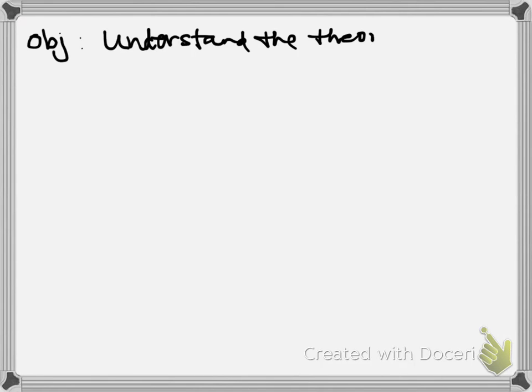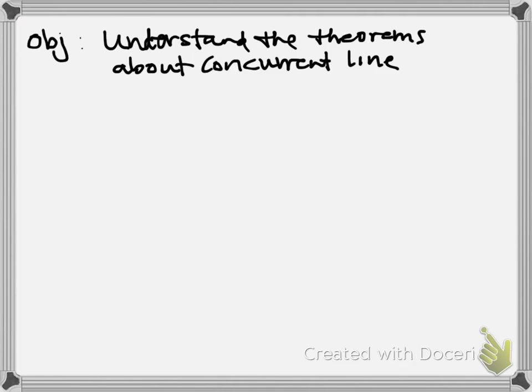Okay. So your objective today is to learn about something called concurrent lines. So we're going to understand concurrent lines and the theorems about them. Even though this comes from chapter 10, excuse me, you still have vocab and theorem cards that come from this chapter that are going to be part of the chapter 11 information.